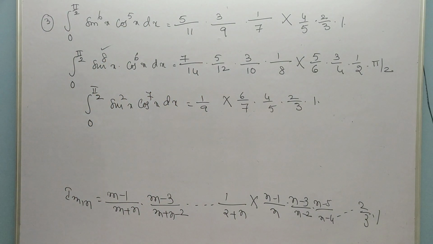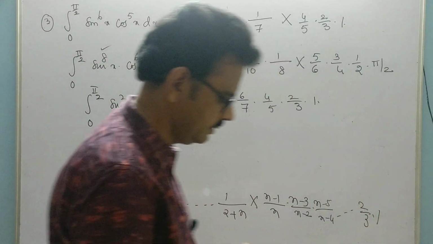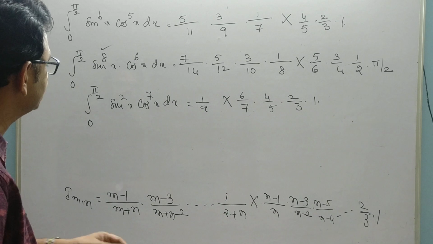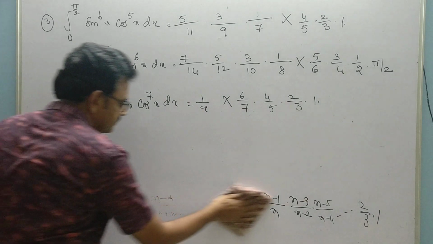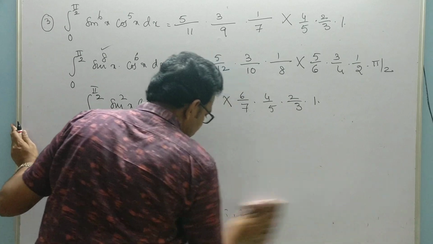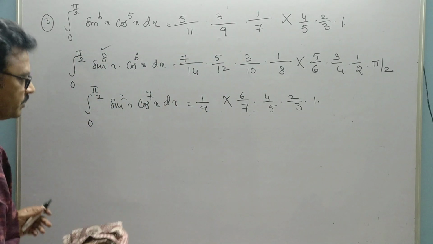So provided these expansions are valid for integral 0 to pi by 2 only, 0 to pi by 2. If the limits are different, you have to convert these in terms of 0 to pi by 2 using the properties.